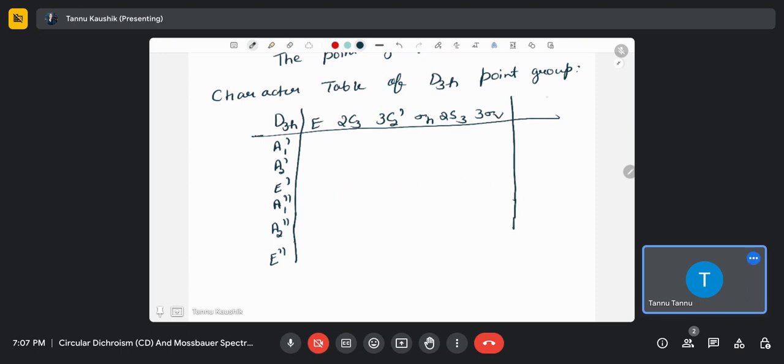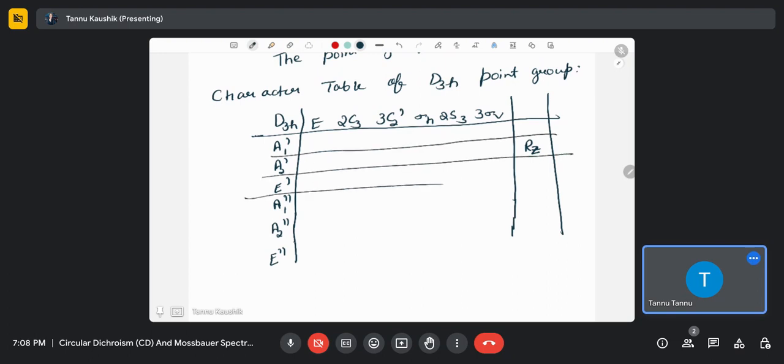So in the fourth column is where we write the linear functions. With respect to the A2' irreducible representation, we have Rz linear function, and with respect to E', we have x and y coordinates.